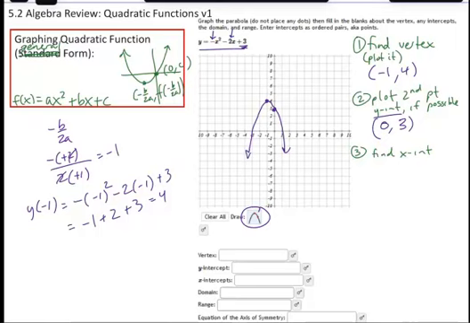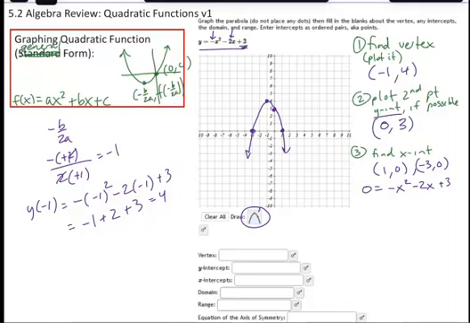Next, find your x-intercepts. If you're lucky, you will see them from your graph. Here you would see these two x-intercepts, and so you would know that you're dealing with 1, 0 and negative 3, 0. But if you didn't know, you would need to plug in a 0 for your y value and then solve the resulting equation.